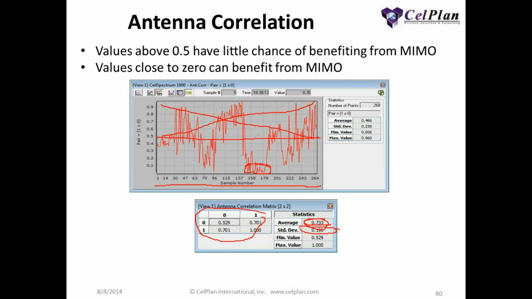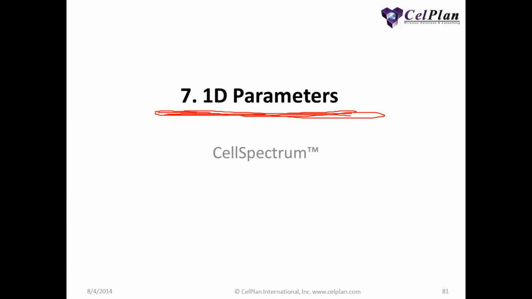Then we will talk now about 1D parameters, and that's basically the same parameters that other tools provide. They don't provide the 2D and 3D, but they do provide the 1D parameters. But I believe that we are providing them with a different flavor and with much more information. The first parameter, we already discussed this in our measurements webinar, is RSRP.